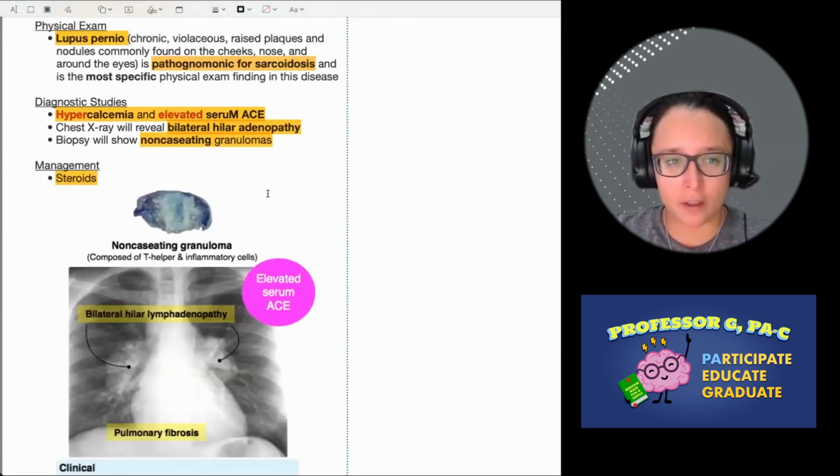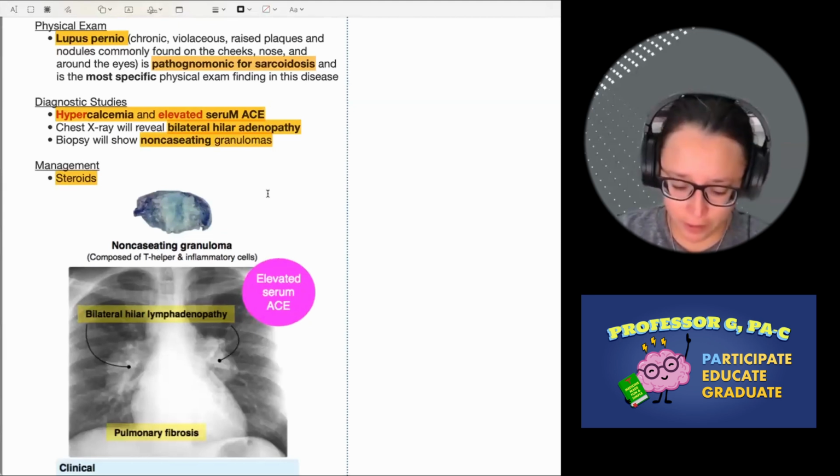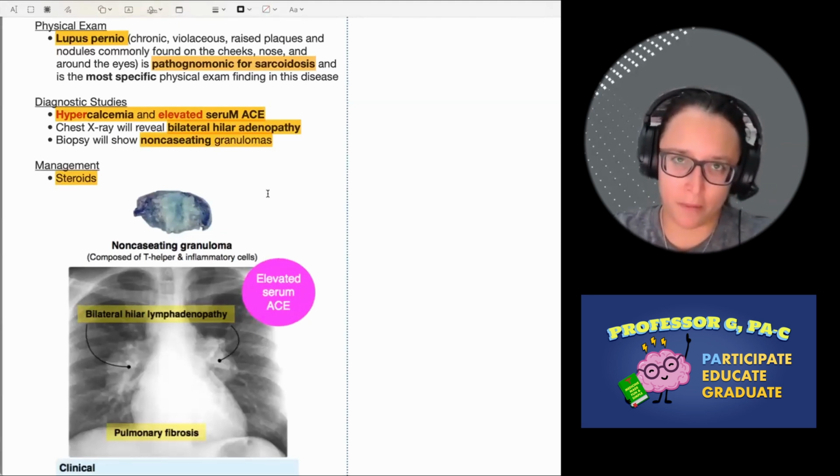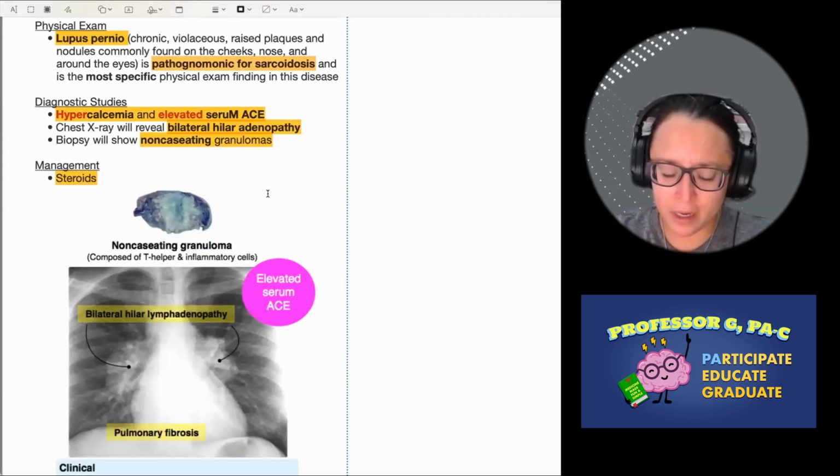Now, there is one question on Rosh that every year trips students up for sarcoidosis. We said that sarcoidosis is granulomatous in nature, and so we can treat it with steroids. But if it's mild, actually just do supportive care. That's the question on Rosh. But the vignette itself doesn't really determine how bad the severity is.